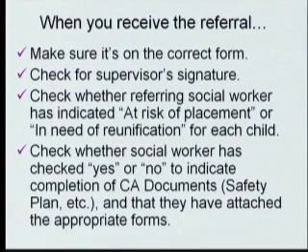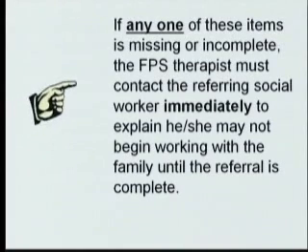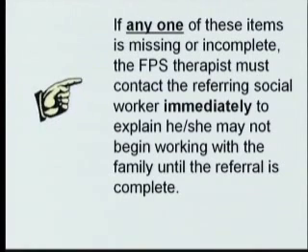Also, check whether they checked yes or no to indicate completion of any of those documents. If any one of those items that I just listed is missing or incomplete, you need to contact that referring social worker immediately and let them know you can't start working with the family until you have that.